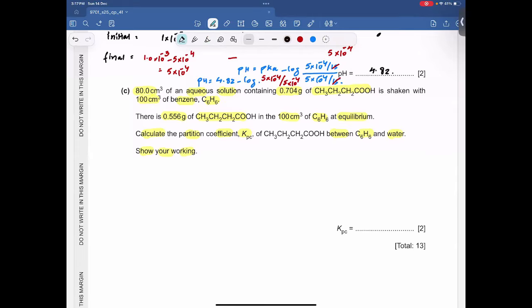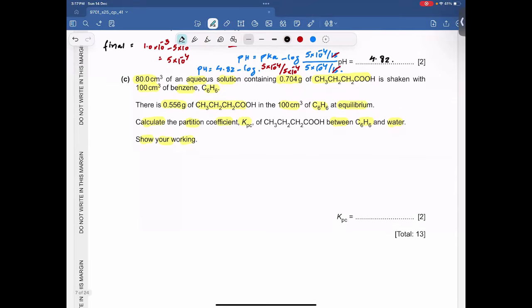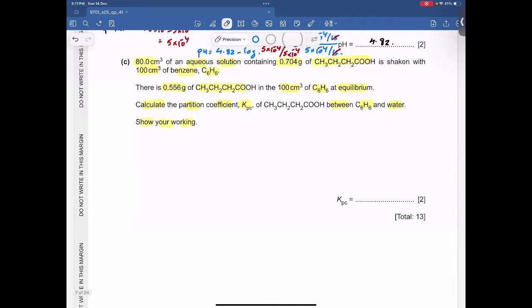Let me take out the information first. First of all, the mass of benzoic acid is 0.704 gram.